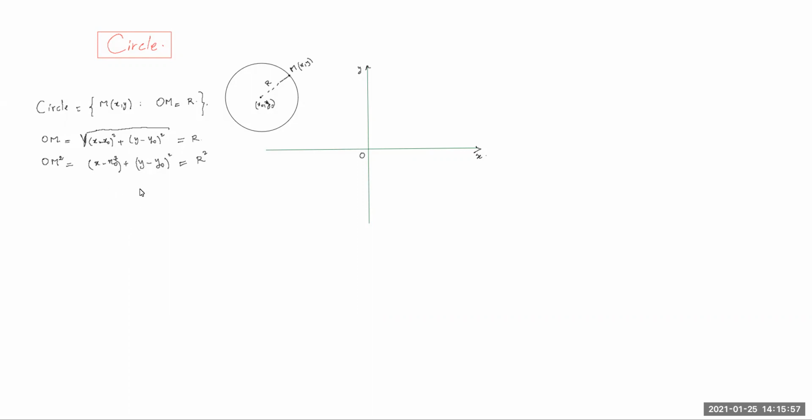Sorry, here I missed the brackets: (x minus x0) squared plus (y minus y0) squared.